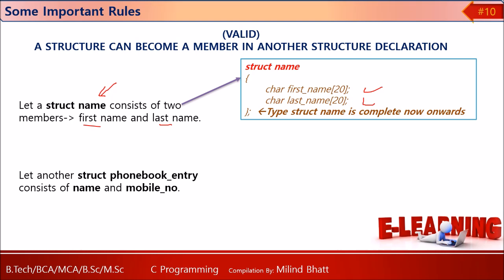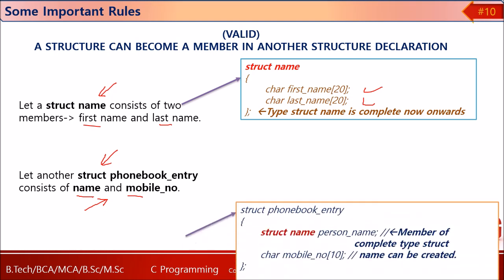Now I want to create one more structure whose name is phone book entry, and this is having two other members, name and mobile number, and this name is the member which has been defined earlier, a structure defined earlier.